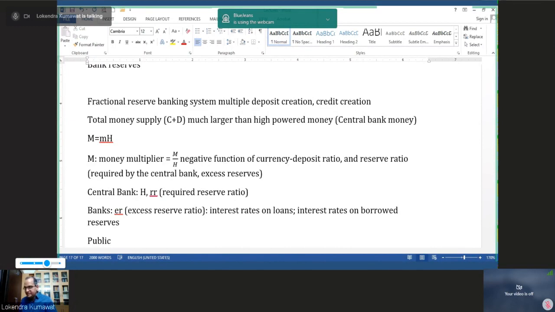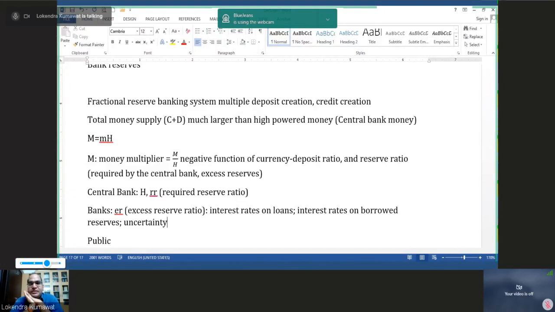Third factor is uncertainty. When there is an atmosphere of uncertainty about the ability of people to repay the loans, then it's a problem for the bank.